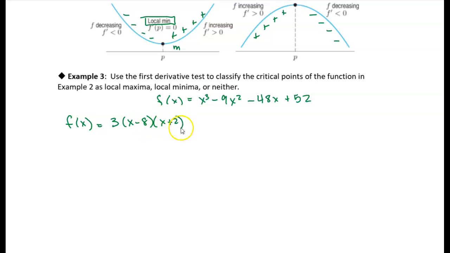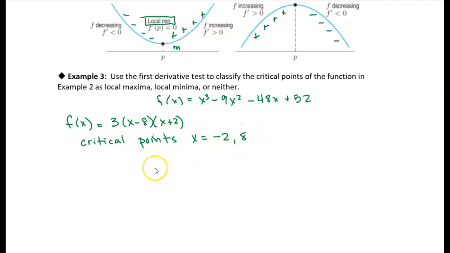I'm just going to write it in factored form. The critical points we found to be x equals negative 2 and 8.